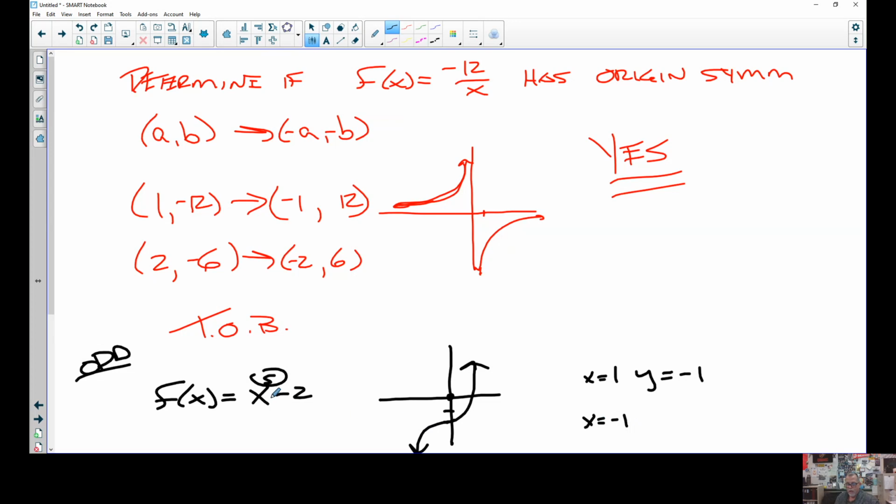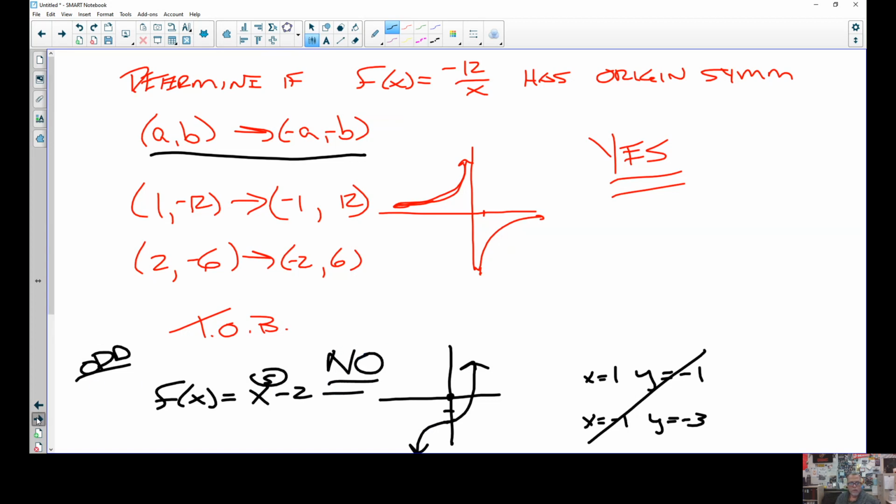If I plug in here, I get -1 minus 2. Y gives me -3. That does not follow this pattern, right? Does not give me the opposite of each of these. The opposite X does not give me the opposite Y. So this does not pass that test either. All right, because that's got to work for every point on the graph. So this would not have origin symmetry.